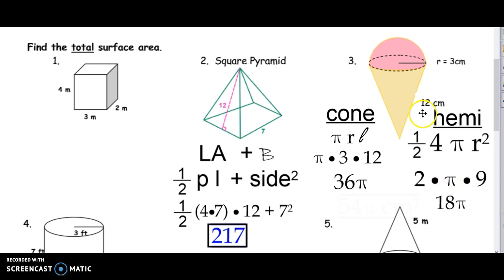If I want to know what the area of all of this is together, then I'll put 36 pi and 18 pi together. This one actually has units on it. If you're in a good place with this, then let's move on to the next question. If not, now is a good time to pause it and ask some questions to other people.